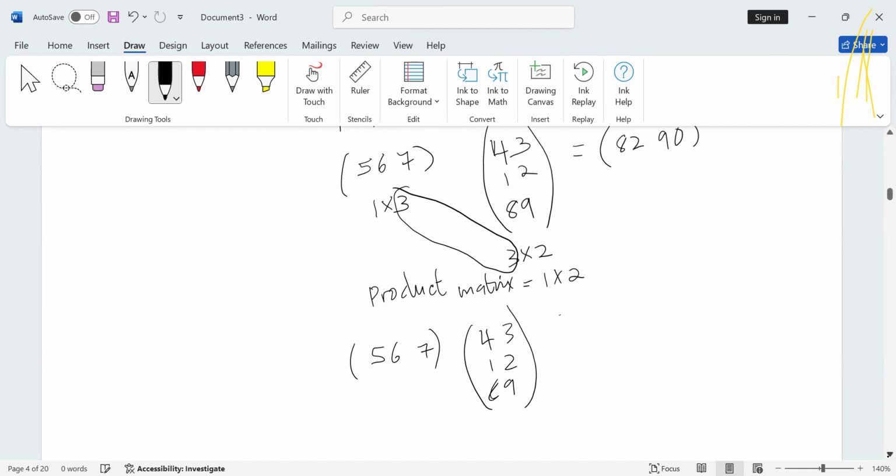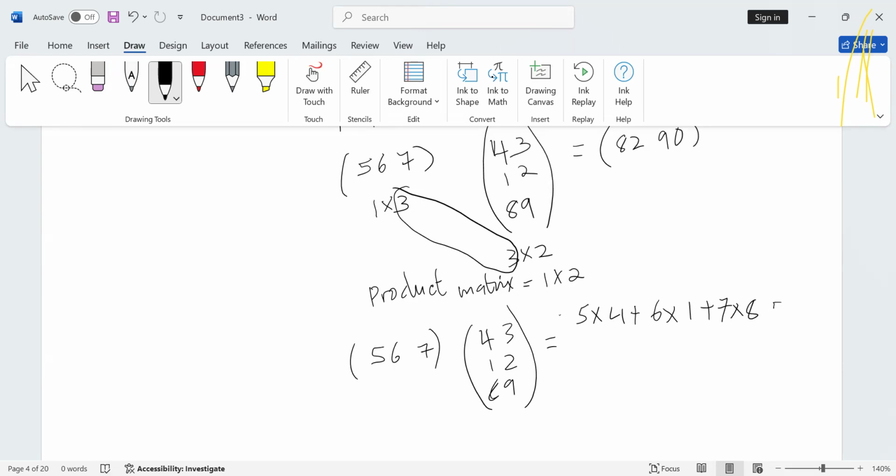That is equal to 5 times 4 plus 6 times 1 plus 7 times 8.